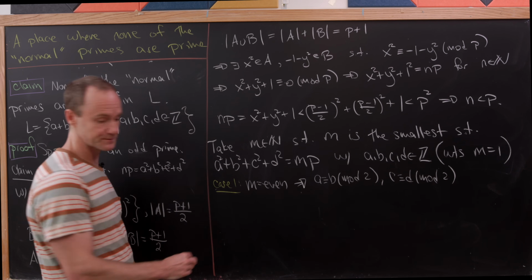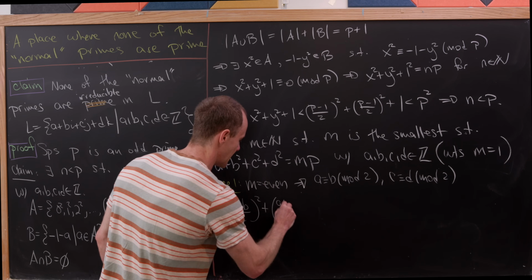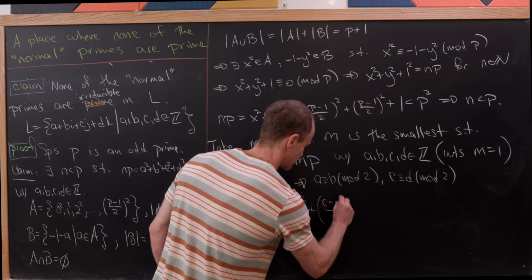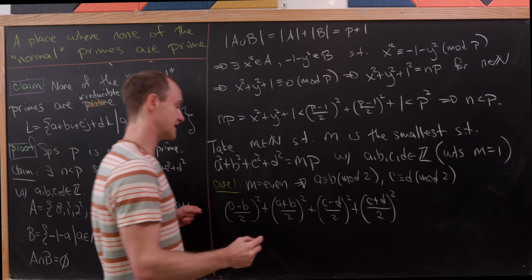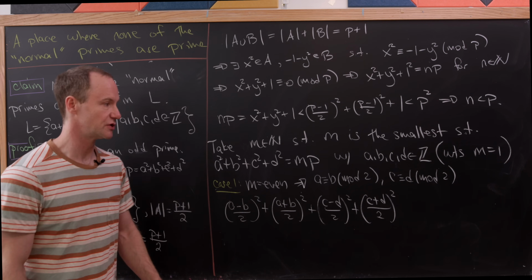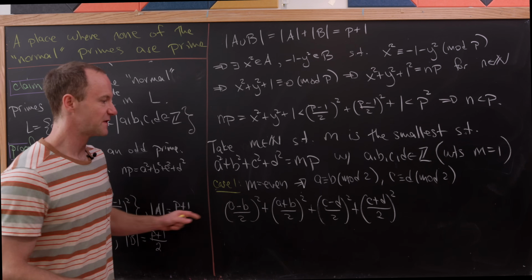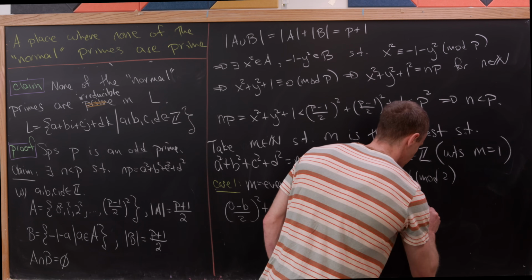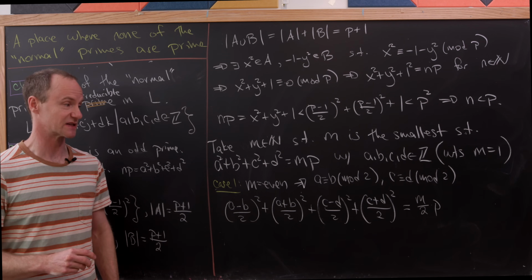In other words, this equation right here, ((a minus b) over 2) squared plus ((a plus b) over 2) squared plus ((c minus d) over 2) squared plus ((c plus d) over 2) squared, is an expression with only integers. Notice (a minus b) over 2 is an integer because of this congruence, and similar for the other ones. But then if we do this calculation, we get exactly (m over 2) times p. So I'll let you expand all that out and see that you do get that expression.